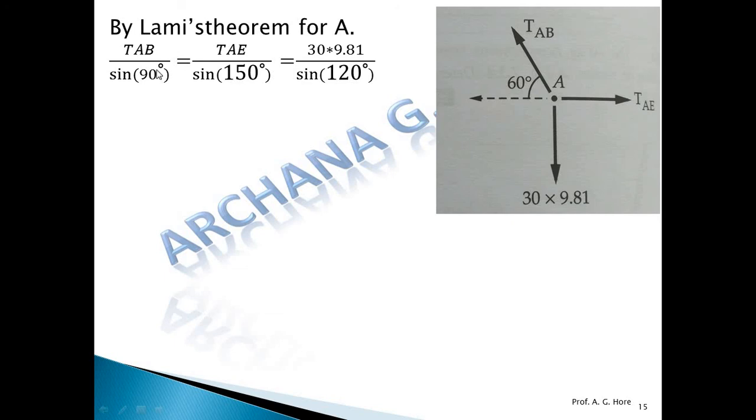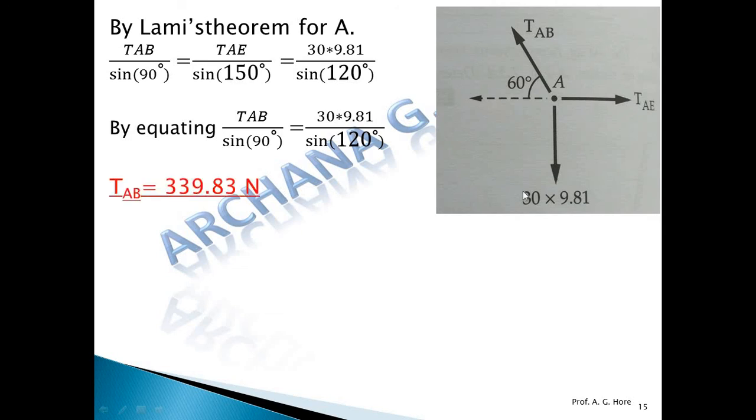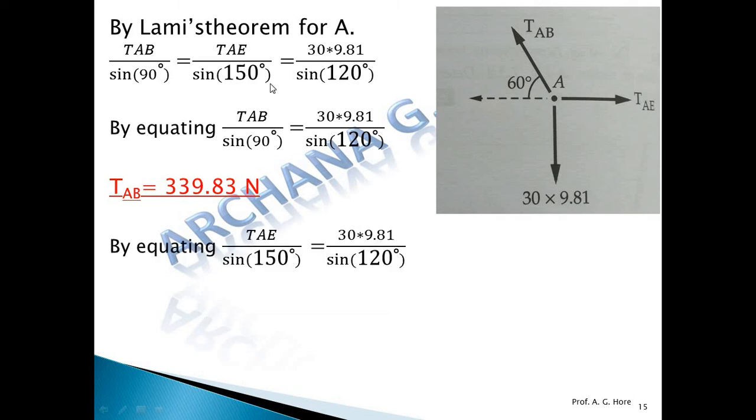By equating these, we get the tensions AB and AE. Do the cross multiplication and simplify, and we get the tension AB as 339.83 Newton. Second, by equating the other two, again cross multiply and simplify, and we get the value of AE.